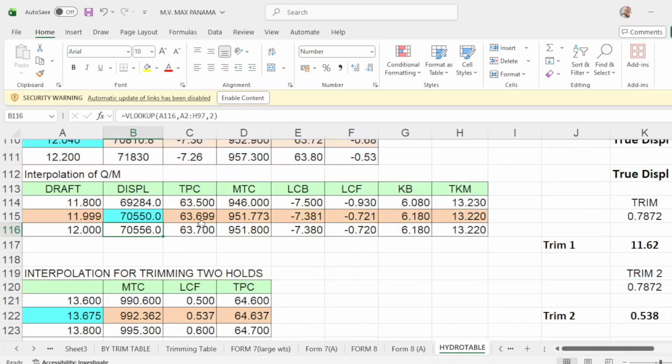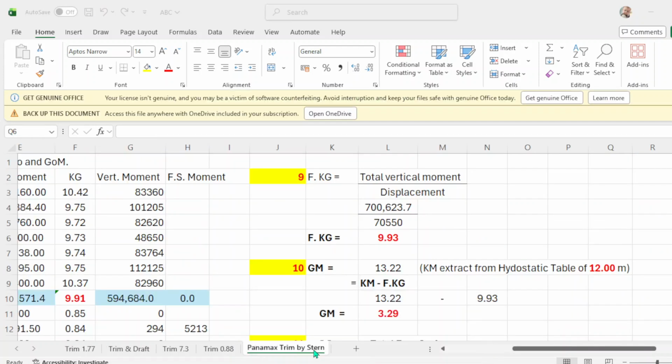From your 12 meters, take note that the KM is 12.22, which is this one. So KM minus your final KG of 9.93, and your GM will be 3.29.